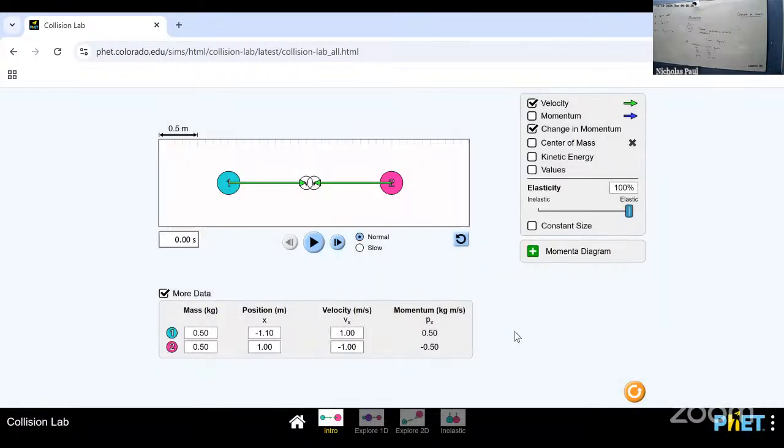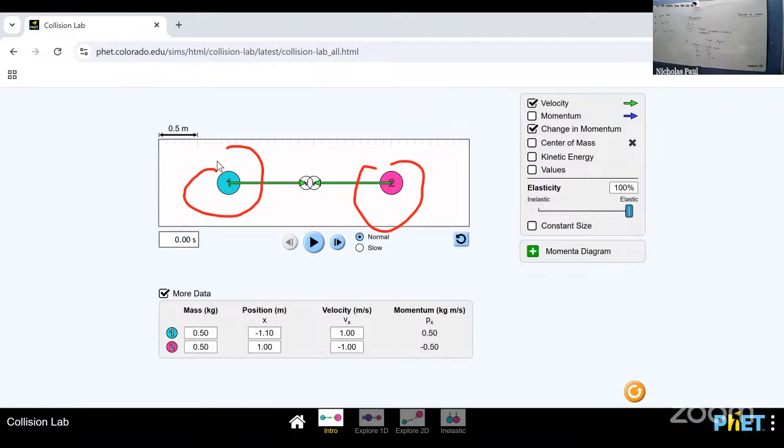Right. So here's what we have here. This is the scenario that we were talking about, right? We have the same mass here. They both have 0.5 kilograms, and they both have the same velocity in opposite directions, right? So do a quick favor mentally.